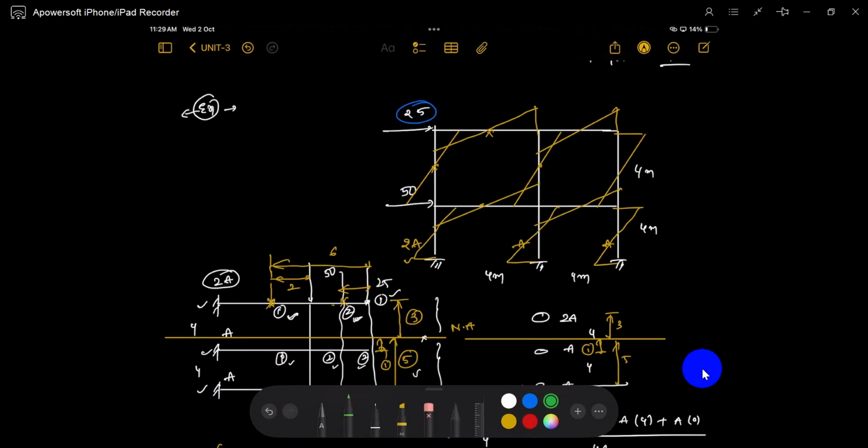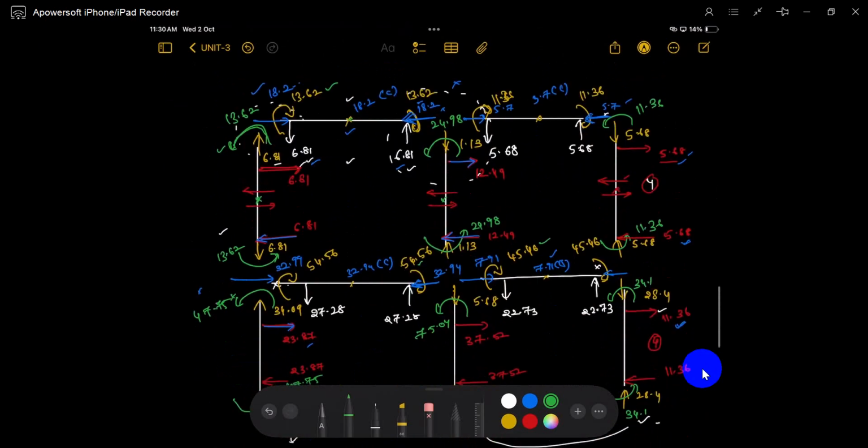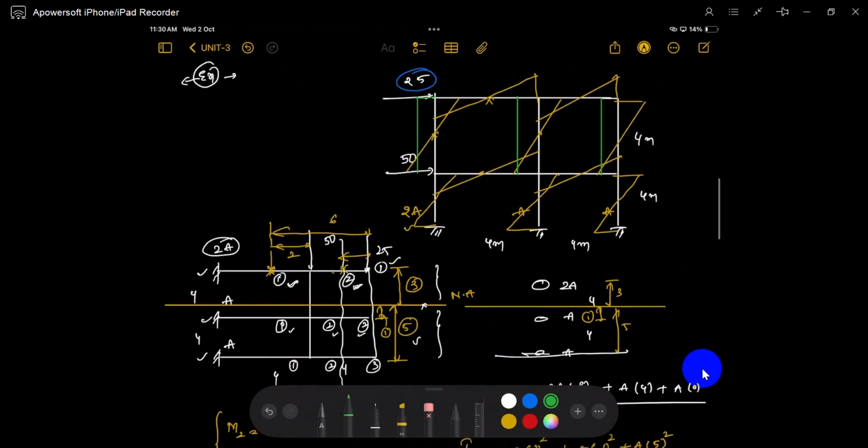And shear is equal throughout. So what are the values? It's 23, somewhat higher.